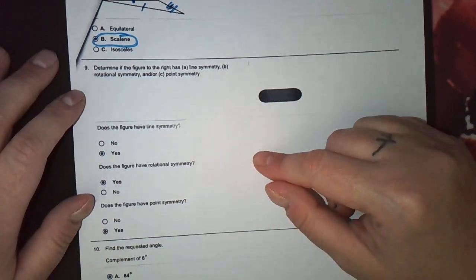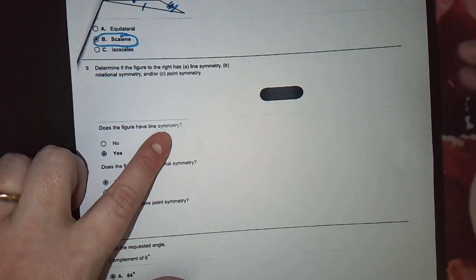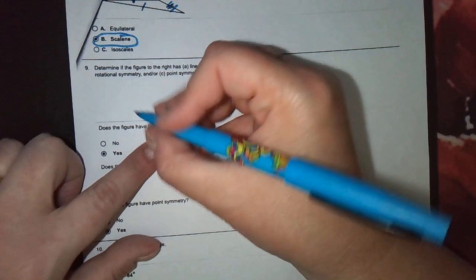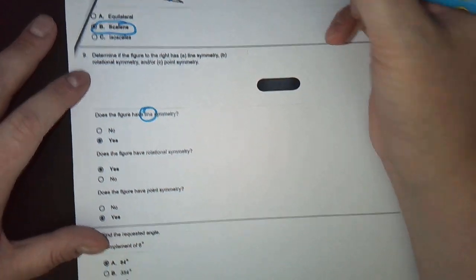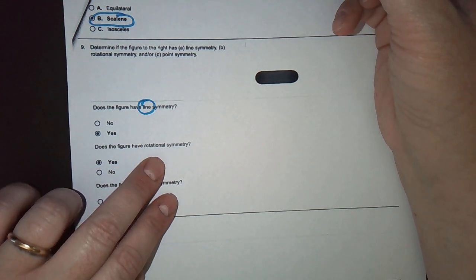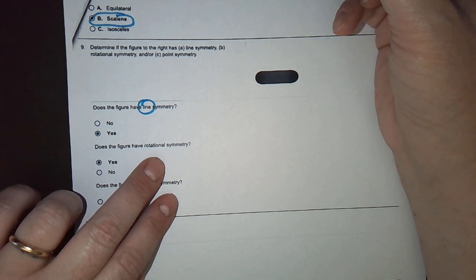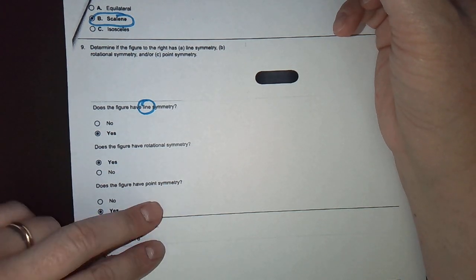Okay, the next one is talking about symmetry. It says, does the figure have line symmetry? That's like a line. Then it says, does the figure have rotational symmetry? And then the last one says point symmetry.